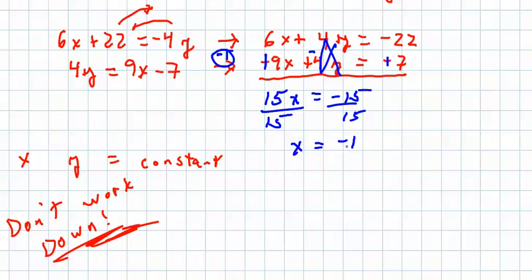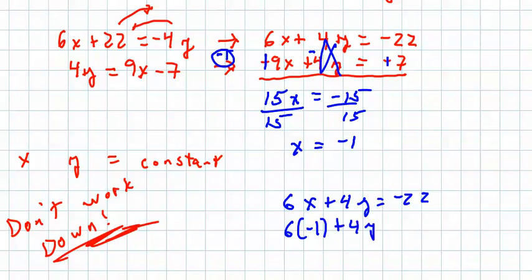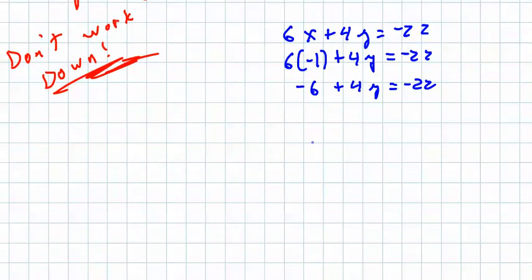Now your call, which equation? Again, I'm going to use the top one, doesn't matter. 6x plus 4y equals -22. 6 times -1 plus 4y equals -22, or -6 plus 4y equals -22. And then we're almost done.